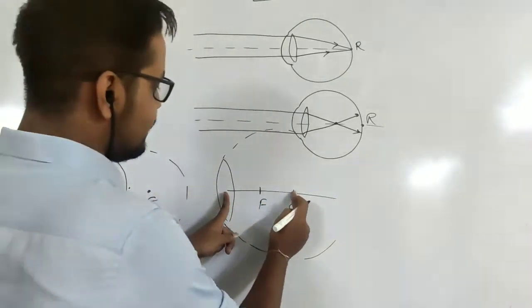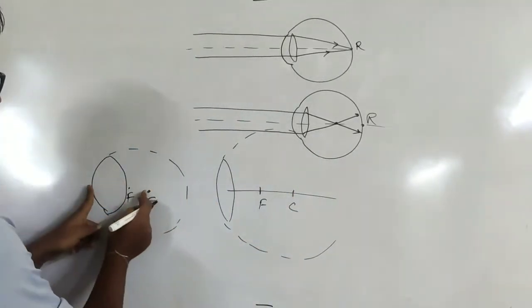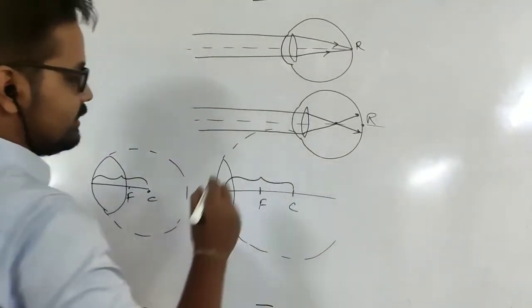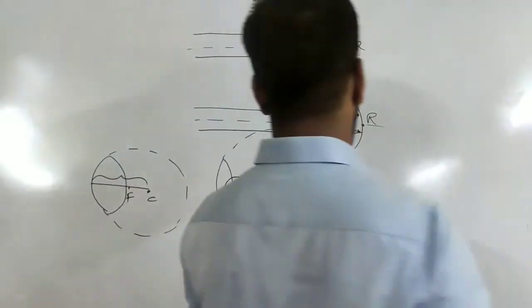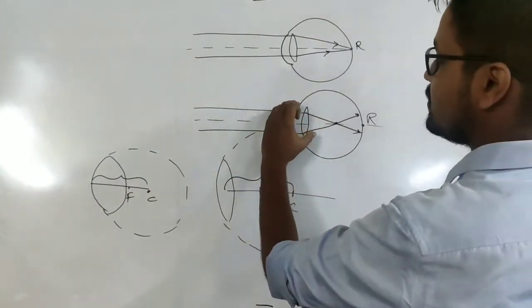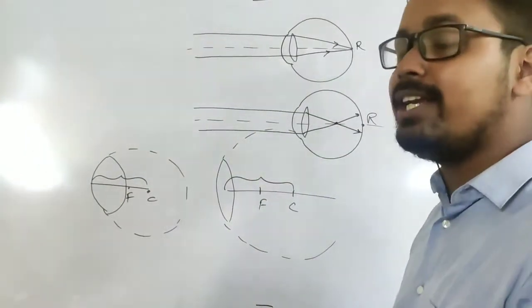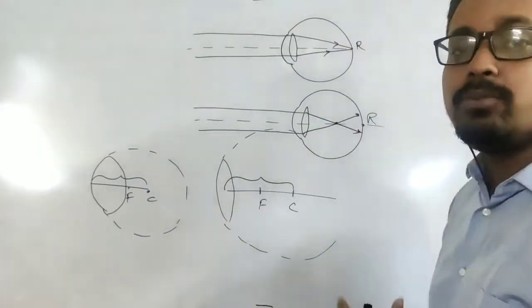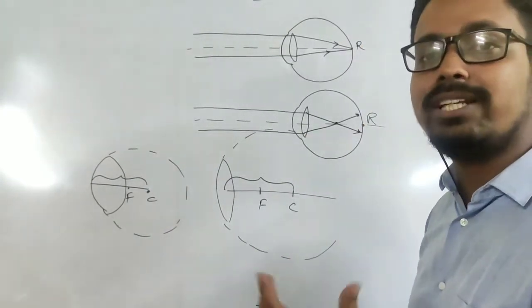You see the distance here and the distance here is different. It is a much shorter distance compared to this distance. That is what happens if the lens becomes bulgier, meaning its focal length becomes shorter, which can happen if the lens becomes too curved, meaning the curvature of the lens increases.